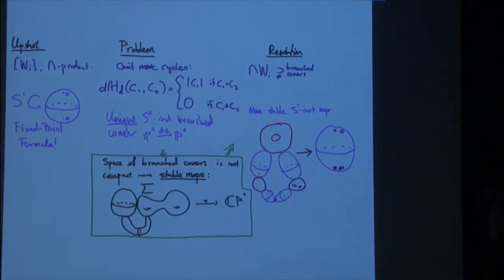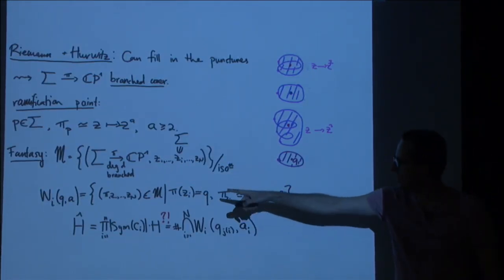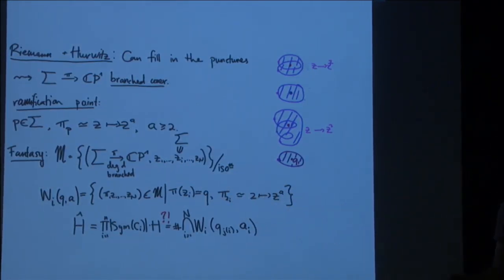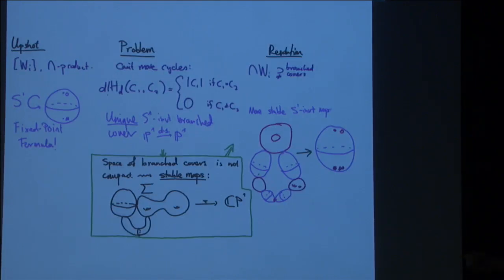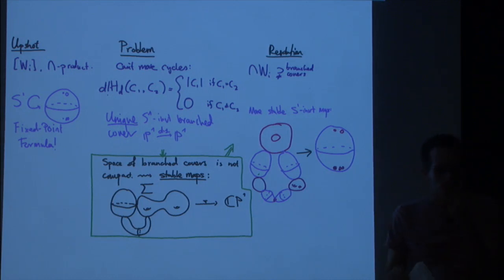And you can also make the W_i invariant, these subspaces here, just by taking Q to be 0 or infinity. And there's a general theorem that says that the intersection number of such invariant spaces can be computed locally near the fixed points in M. So that would be maybe a way to compute these numbers effectively.